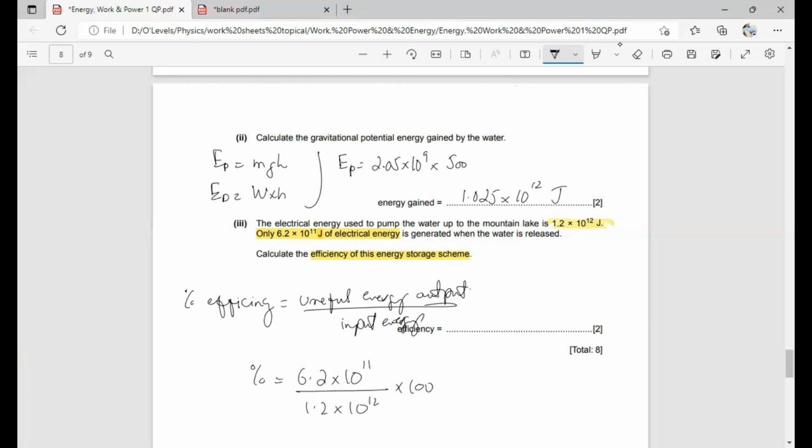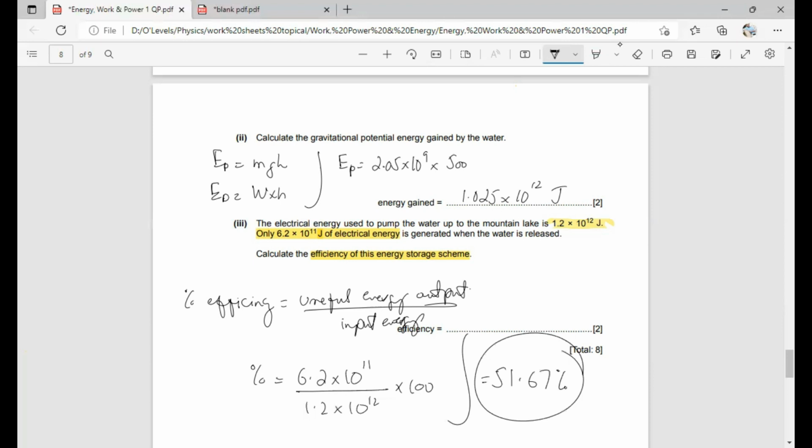It's output over input. So the answer is 51.67%. This is our efficiency. Any confusion?